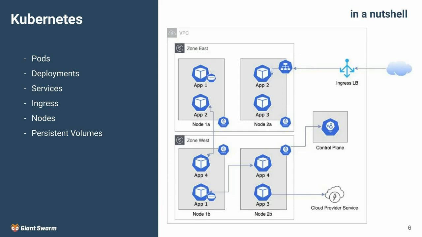So we have the known concepts in Kubernetes that are pods, deployments, services, ingress, nodes, persistent volumes. And then those terms in some way are mapped to infrastructure, right? We see here that we normally have a VPC that defines the boundaries of the infrastructure that we are going to create on the cloud.